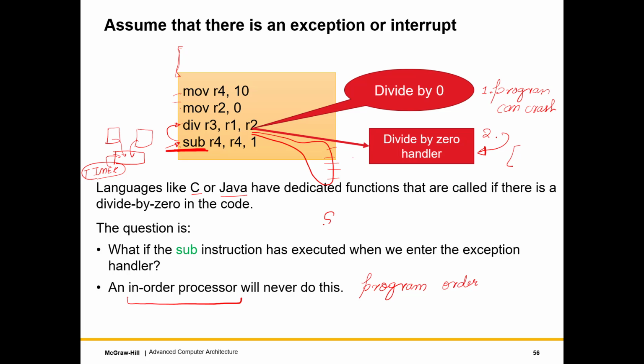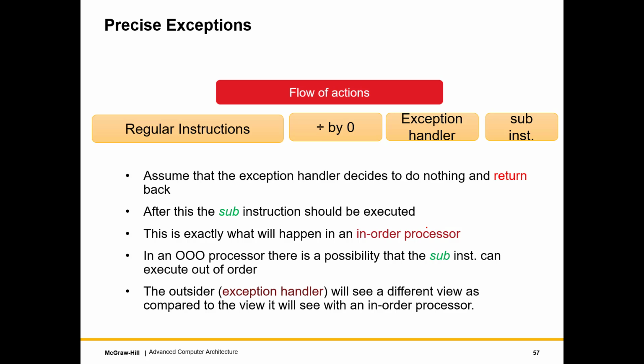So what we need is the power to arbitrarily stop the program at points and then resume the execution. What is important for us is this stop and resume behavior, and this appears to be very hard in out-of-order execution.